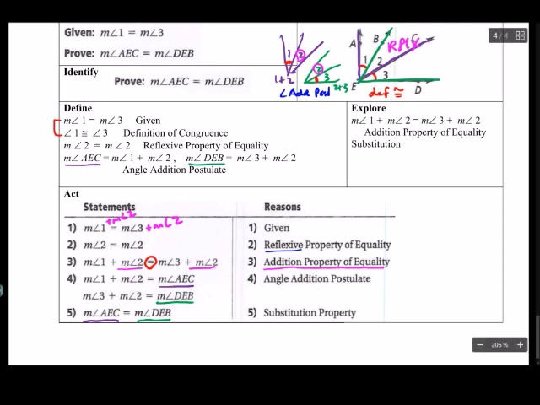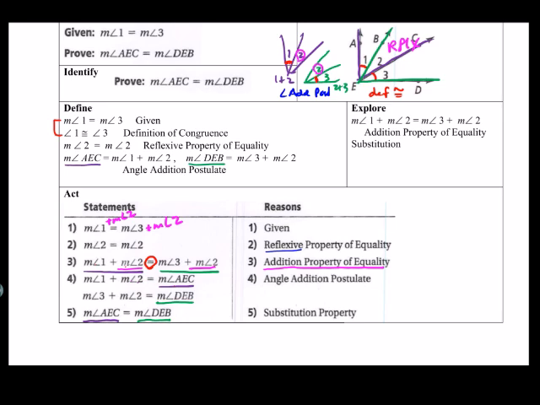And I simply substituted these pieces in, right? 1 plus 2 is the same as angle AEC. So there's purple right there. 3 plus 2 is the same as DEB. So there's green right there. I simply substituted in for things I already knew. And I created those things by adding something to both sides, making them what I wanted.